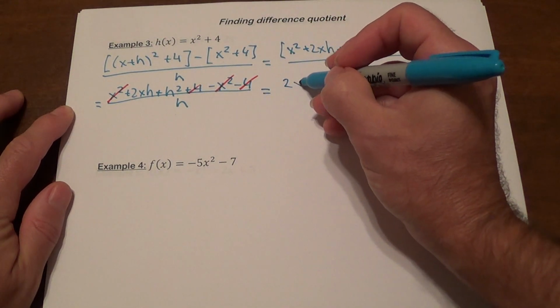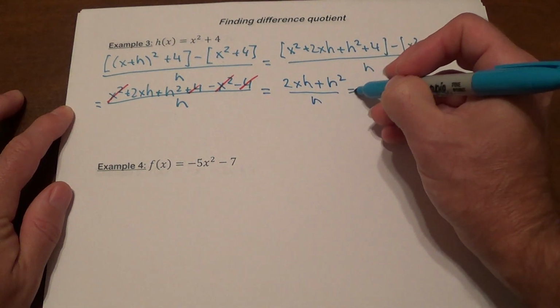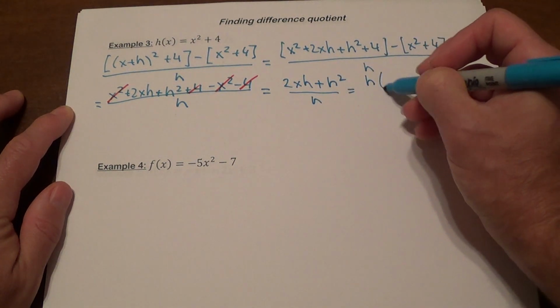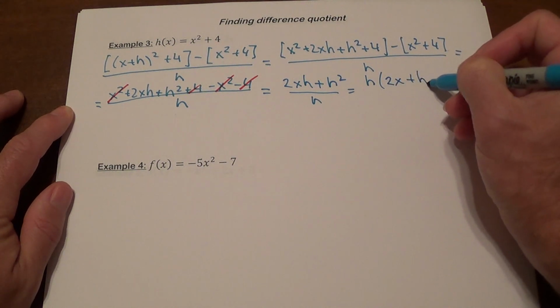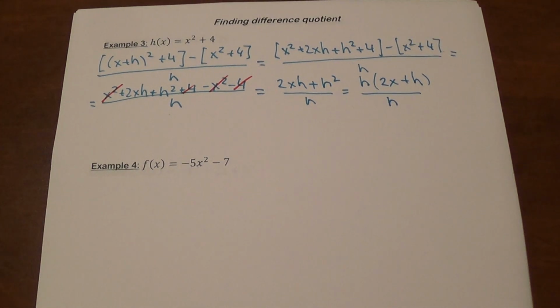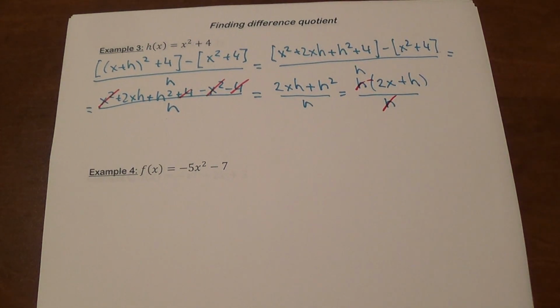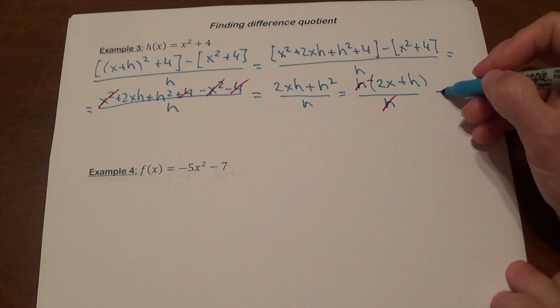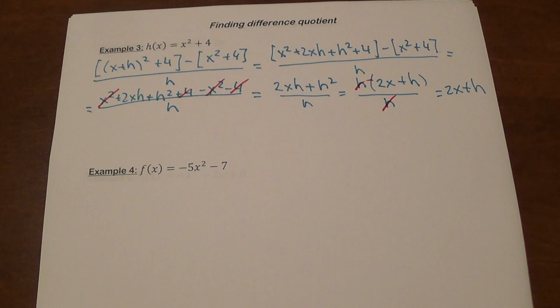So we're going to have 2xh plus h squared divided by h. We are going to factor h out in the numerator, (2x plus h) divided by h, and then you cross out h, and your answer is going to be 2x plus h. So in this case it depends on the value of x.